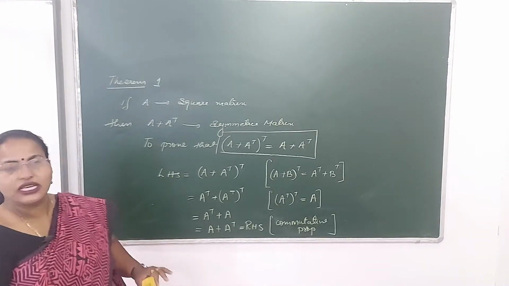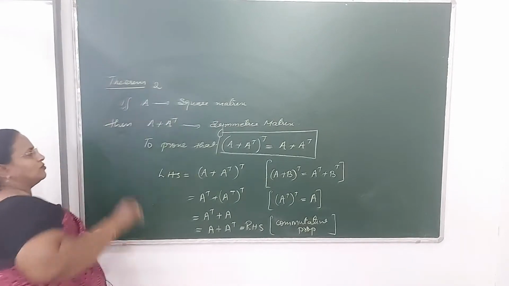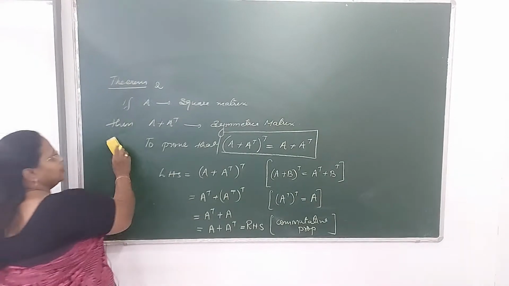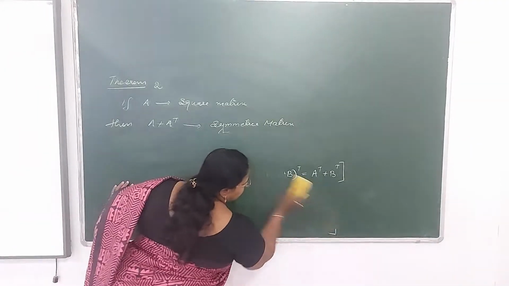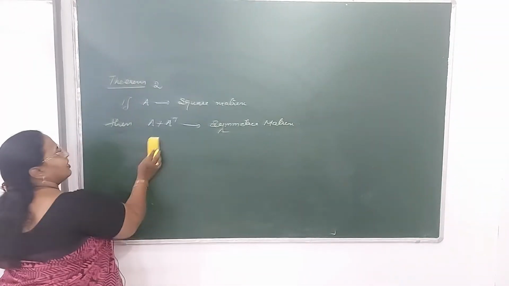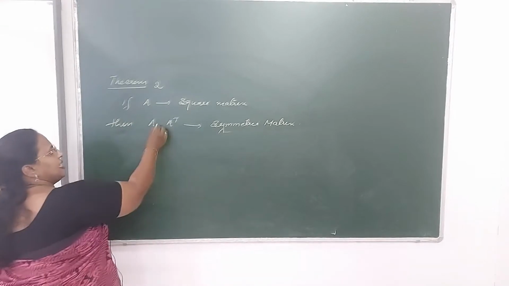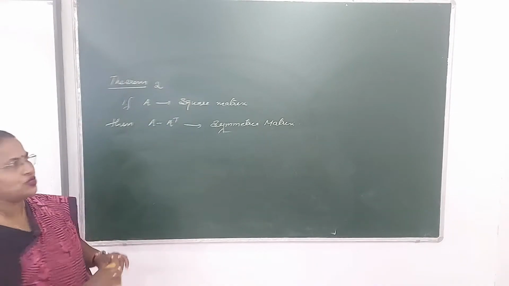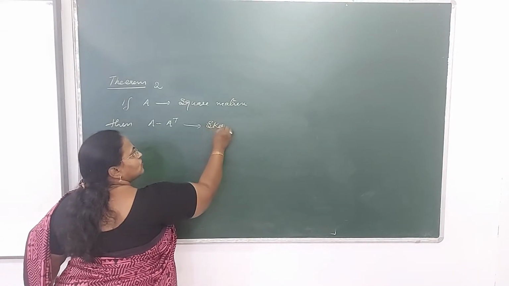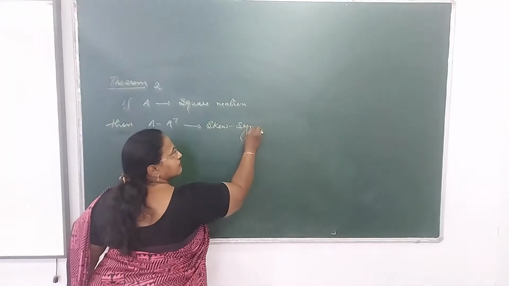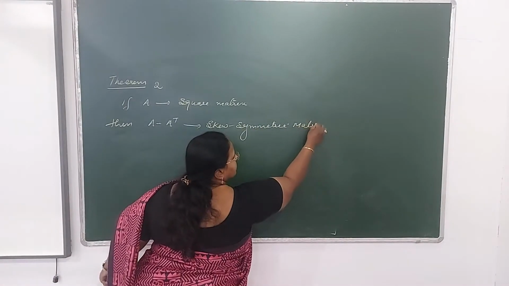So moving to the next theorem now. Theorem 2. Okay, see the theorem. The next theorem states that if A is a square matrix of any order, then A minus A transpose will be always a skew symmetric matrix.